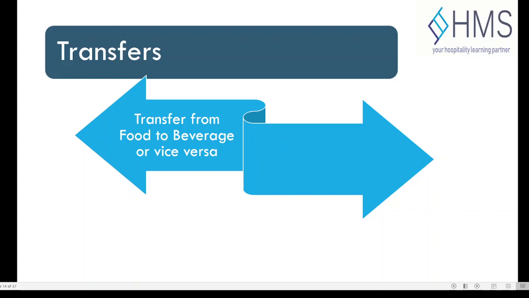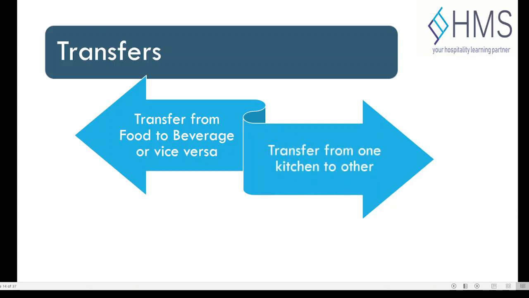Now that's why every time you are issuing these items, based on the menu consumption, based on the recipe, you have to transfer the cost from food to beverage, or sometimes from beverage to food for wines to be used in cooking and other kinds of things, right?